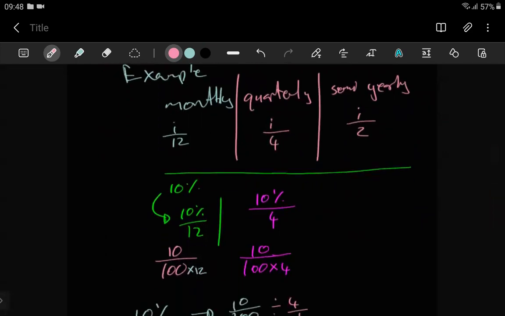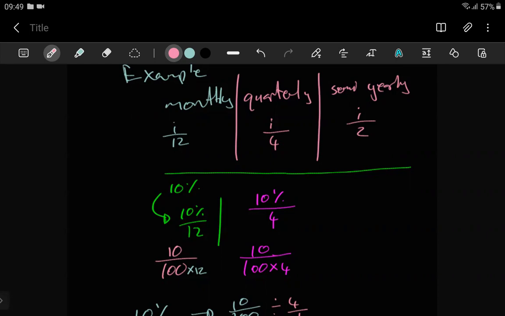Especially in grade 12, 99.99% of the time your value of N, you're going to have to multiply by something. Your value of I, you're going to have to divide by something. So that's the big idea with these two formulas.